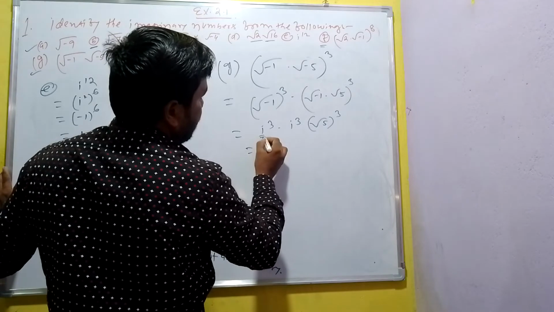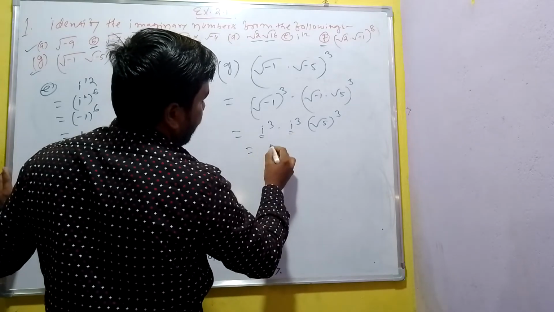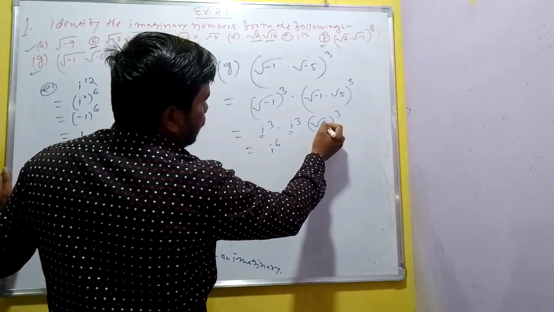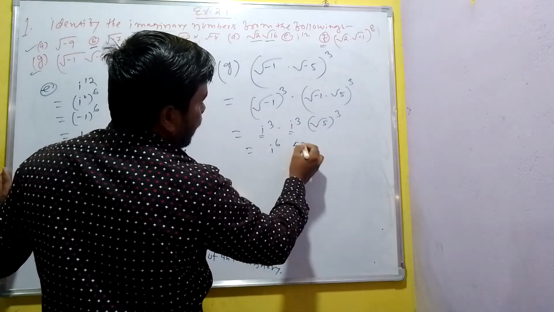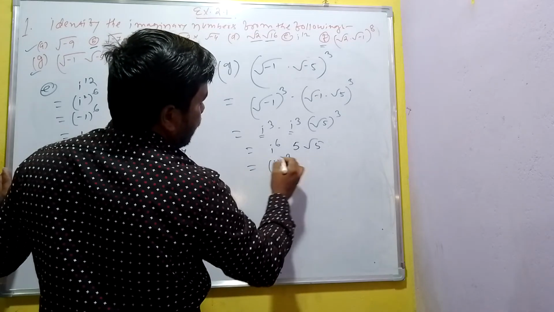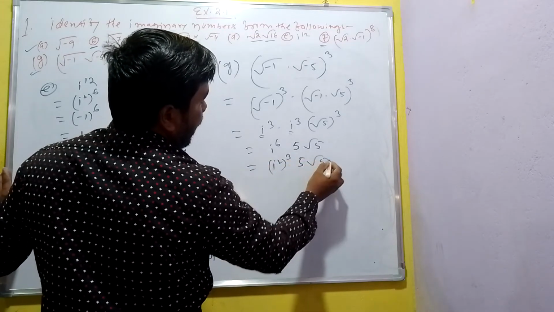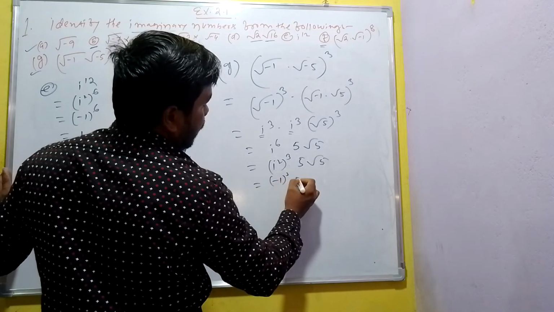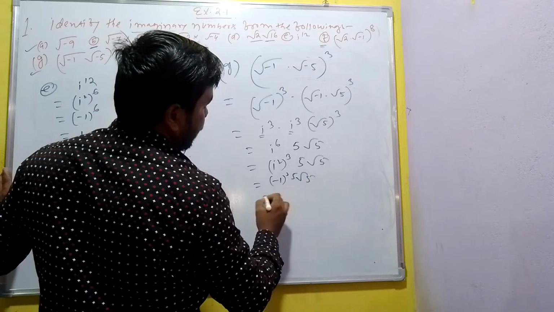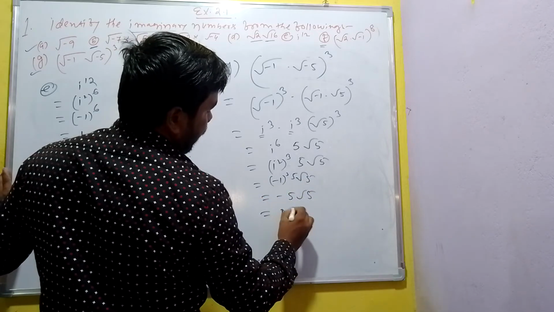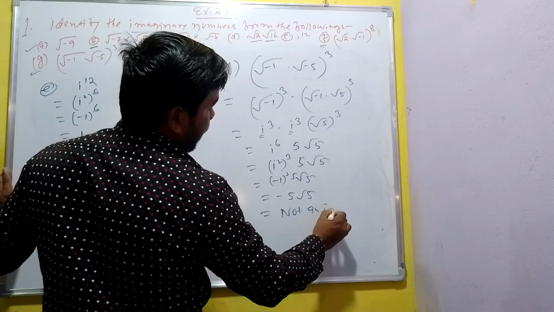You can see the bases are same, so powers are added, then i to the power 6, and under root 5 whole cube, so 5 root 5. So i square cube, 5 root 5, now you can see minus 1 whole cube 5 root 5, so minus 5 root 5 equals not an imaginary.